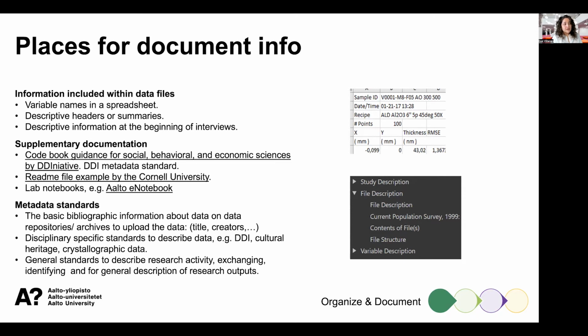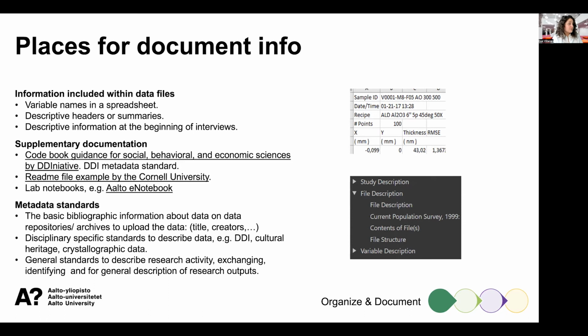And I'd also recommend looking into the metadata standards within your field. So this is the basic bibliographic information about the data, which in data repositories or archives is used to upload the data. They might be simple things such as title, creator, and often, of course, it goes to the disciplinary specific standards. So the DDI, for example, is the Data Documentation Initiative, and that applies to the social sciences research community.